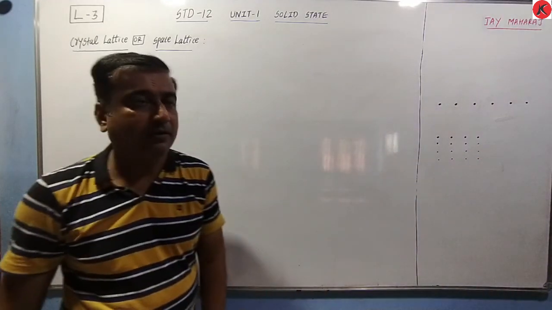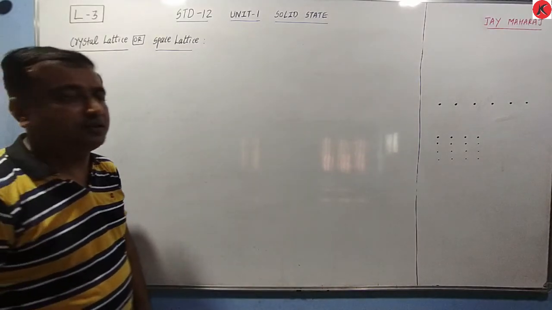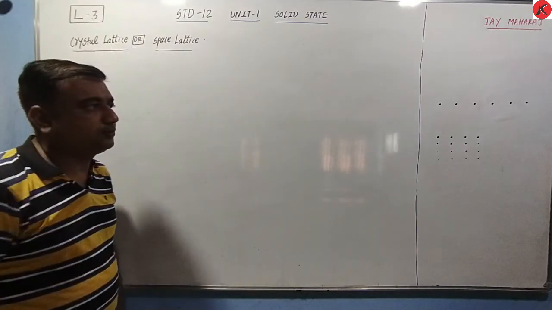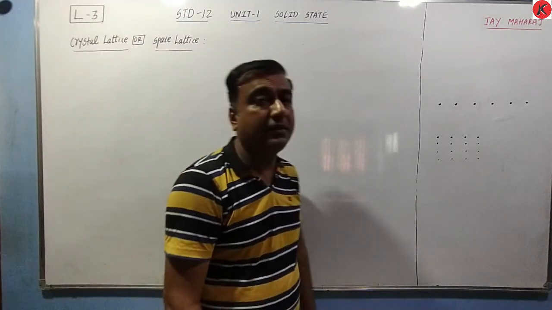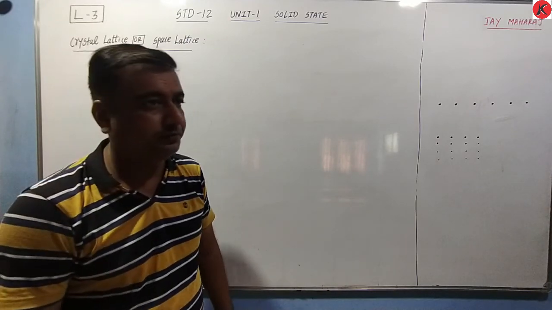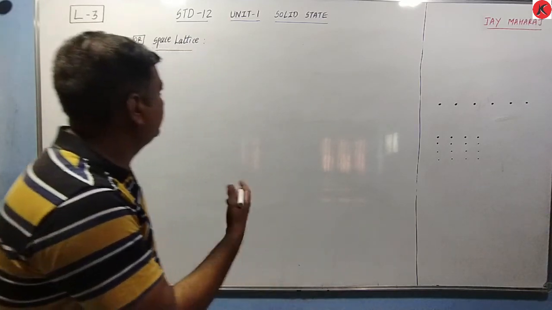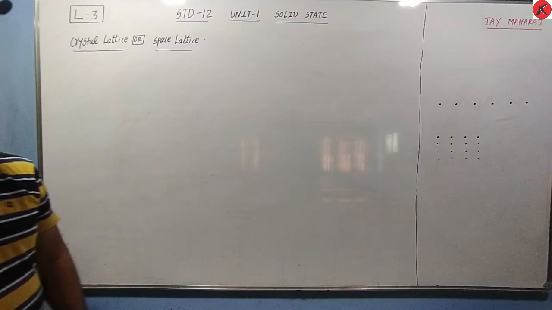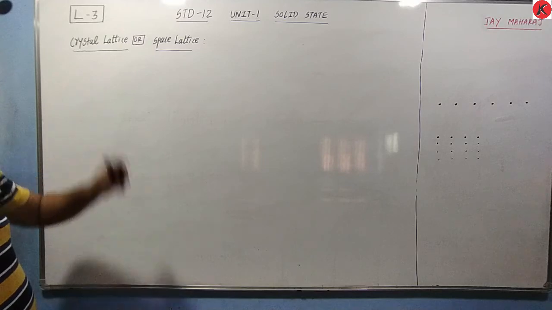This is arrangement of particles in two dimension. Again, this type of arrangement is possible in three dimension also. So when we draw the different arrangements in three dimension, then it is known as crystal lattice.